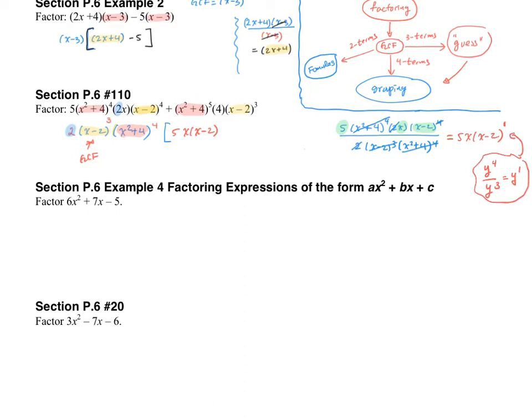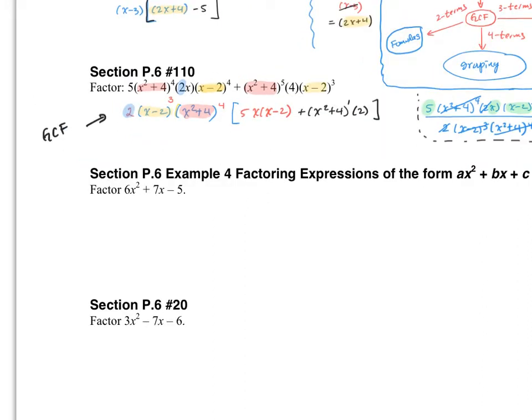Now, you should stop the video and verify this, that this makes sense, because this is the trickiest part for this problem. So if we do the exact same thing with this one, you can see that you should check that you will get now (x squared plus 4) to the 1st power times 2. And that's it for that part.